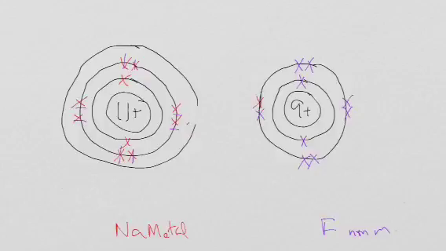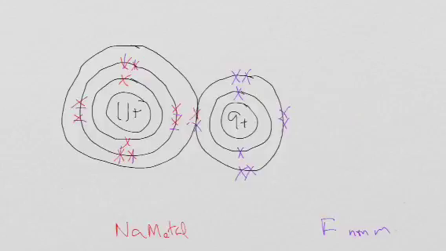Sodium will only have 10 electrons, but it'll have 11 protons. Will it be neutral? No. What about fluorine? Fluorine has 9 positives. How many electrons would it have if they broke up? Would it be neutral? It would have an overall negative charge. It's a good thing they're not breaking up.